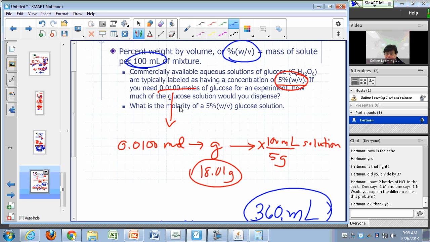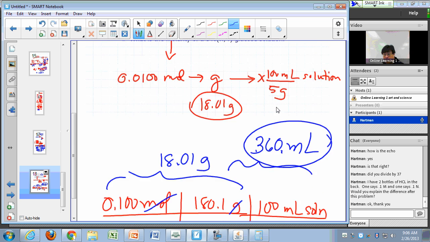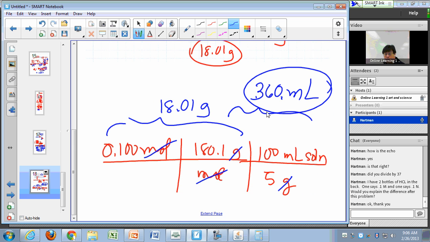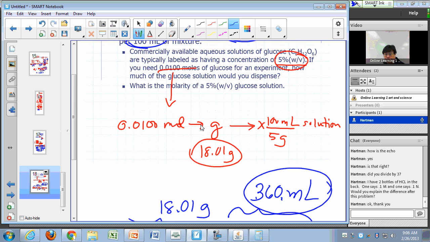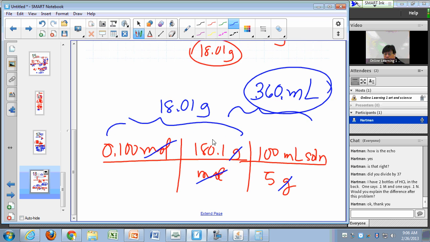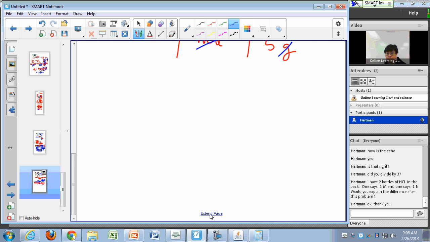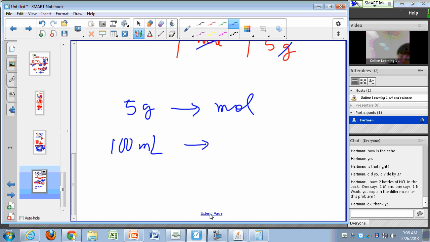So final question, what is the molarity of this particular solution? Well, how many moles do you have? If you have 5 grams in 100 mils, 5 grams, change that to moles, and 100 mils of solution, change that to liters.